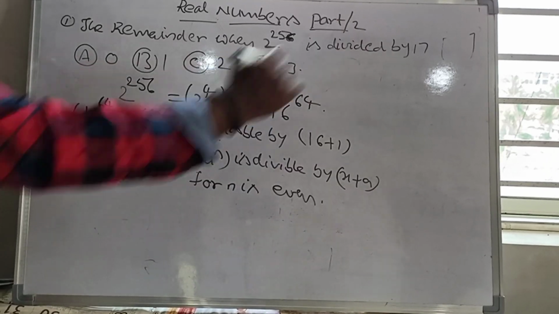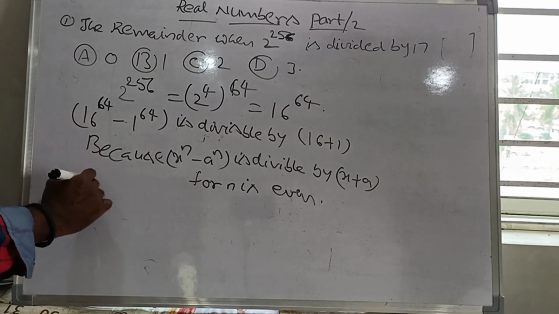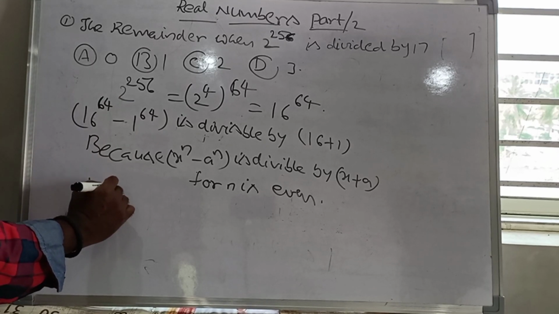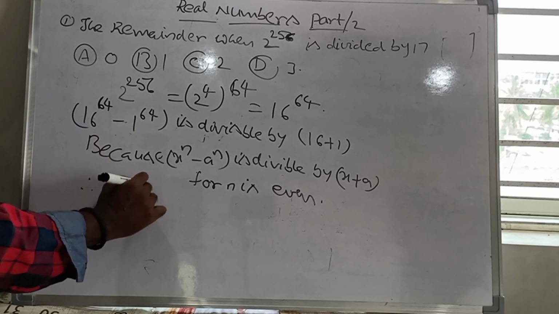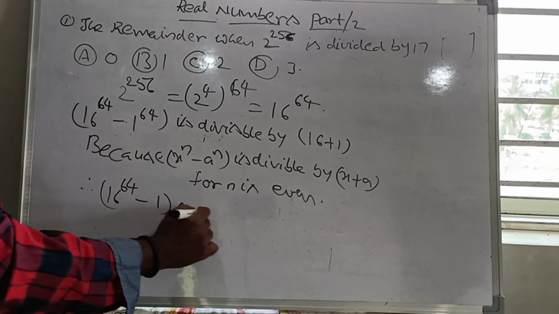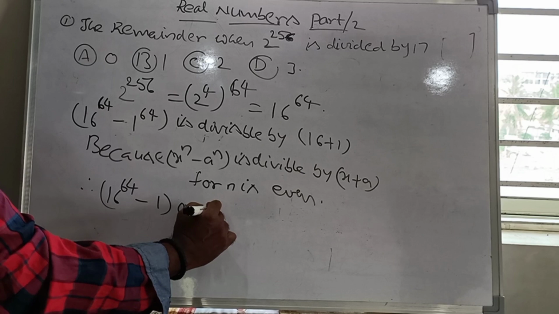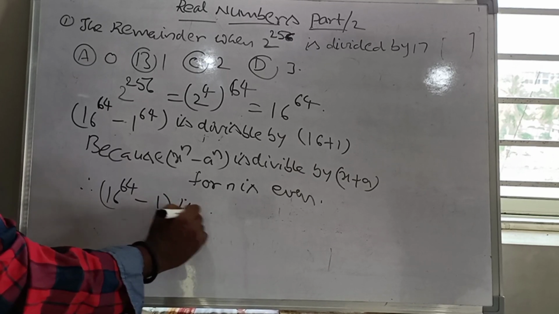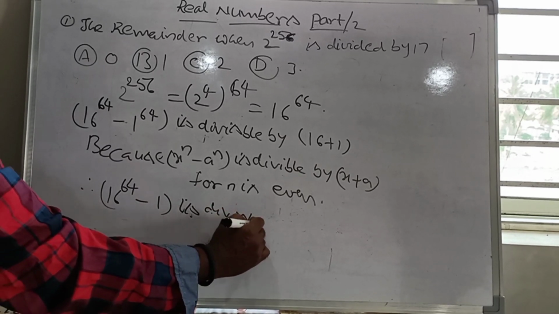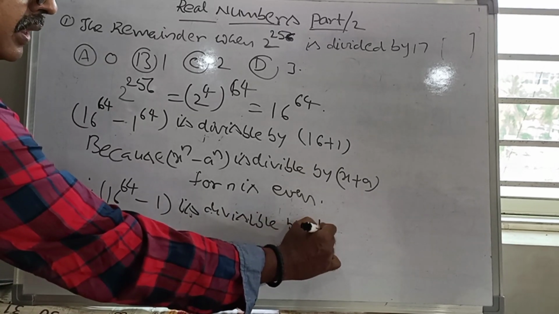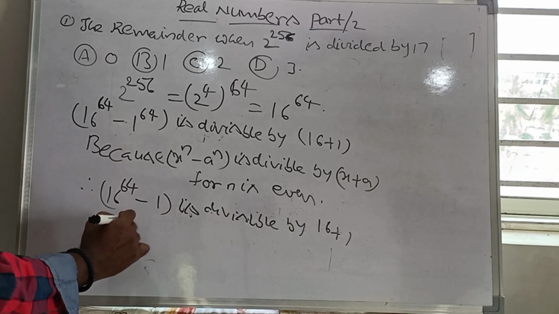Here 16 power 64 minus 1 power 64 is in the form of x power n minus a power n. So 16 power 64 minus 1 is divisible by x plus a, which here means 17.